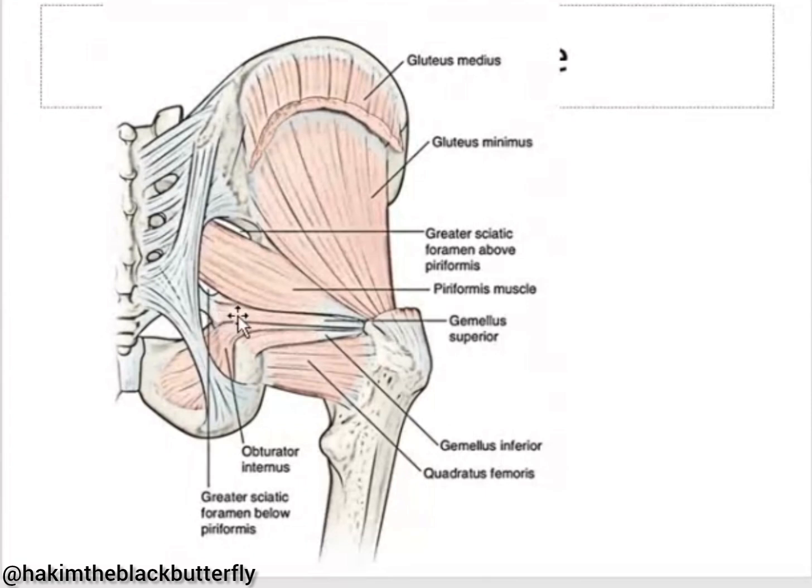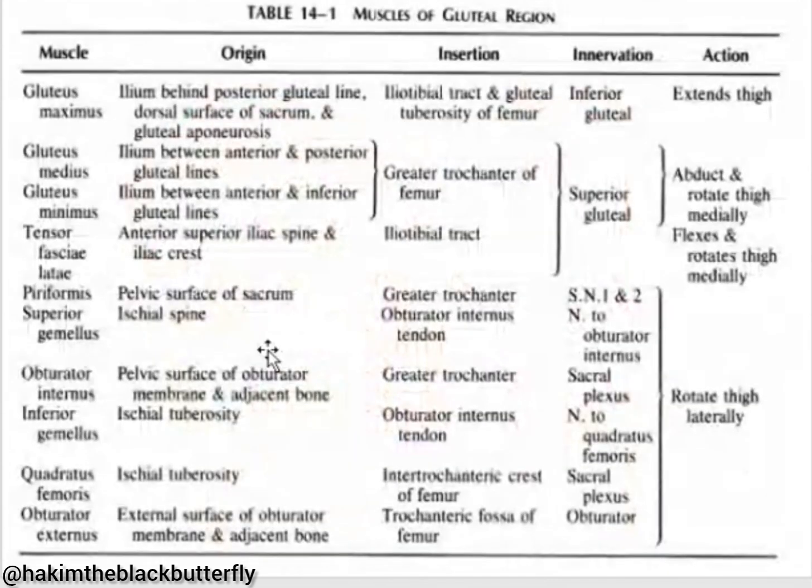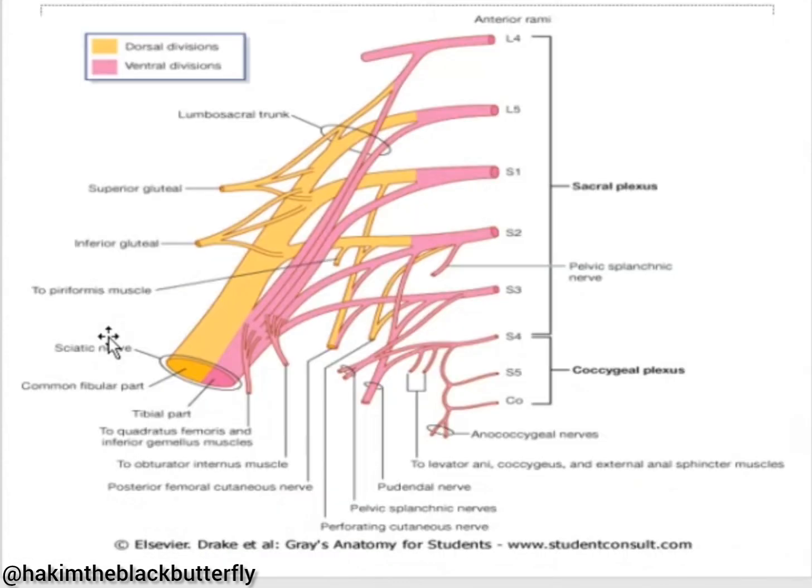From the ischial spine to the greater trochanter, it is also a lateral rotator of the thigh at the hip joint. It is known as gemellus superior, and we have talked about it in the table. You will go and talk about it more.